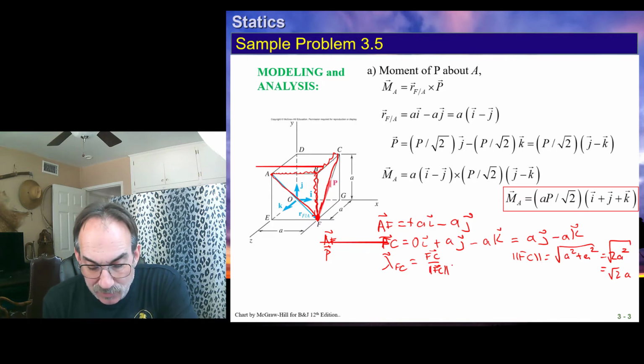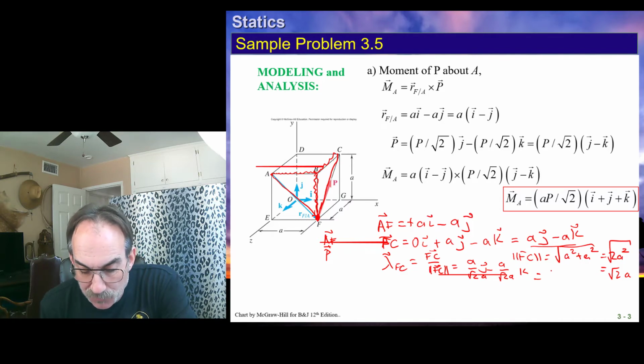So then when we get the unit vector, we're just taking this: a over square root of 2a times j minus a over square root of 2a times k, which is equal to just 1 over the square root of 2 times (j minus k). Okay?